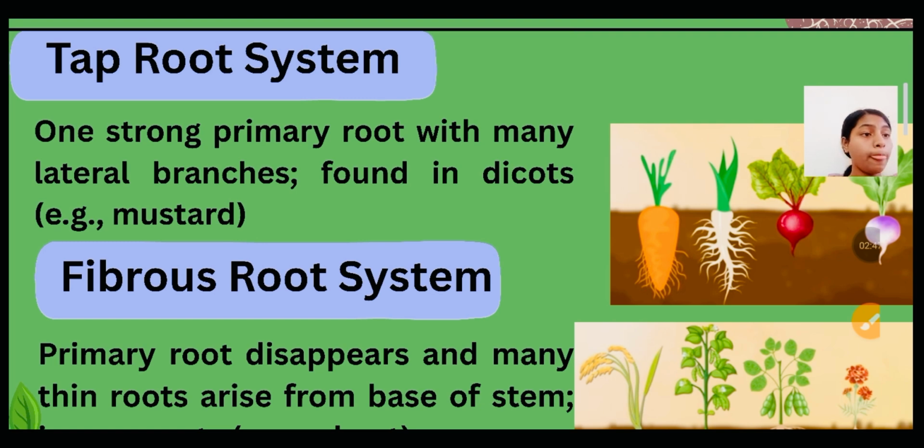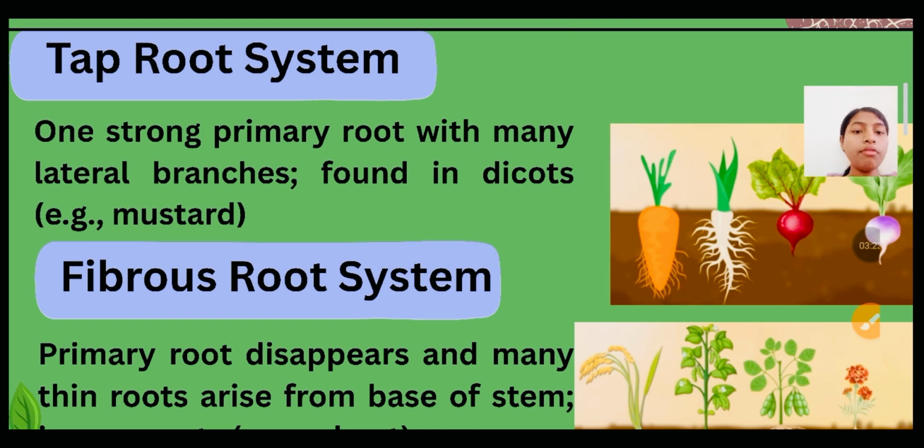Dicots means two or more. Example is mustard. As you can see in the pictures, roots with many lateral branches are there, right? Taproot. See the carrot. It has a thick main root, right?